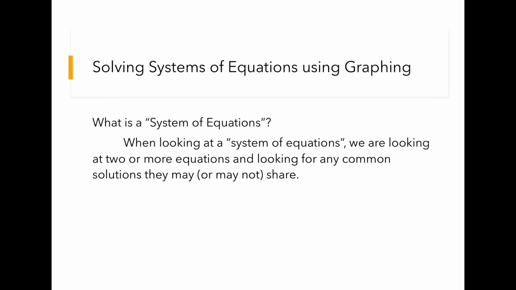Sometimes we solve systems of equations with three variables. But regardless, the idea is we want to see, do these relations, these functions, these equations, do they have any common solutions, which would be common ordered pairs in our case of looking at situations with two variables.